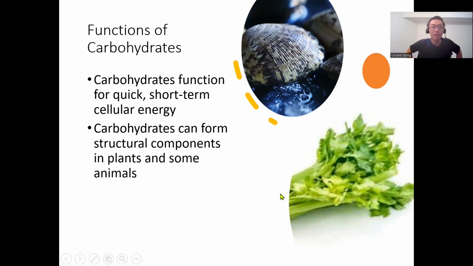The fibers of plants are actually a type of carbohydrate. The shells of clams, lobsters, and crabs are made up of a type of carbohydrate. So for humans, we use it for energy. For some other organisms, they use it for structural support.